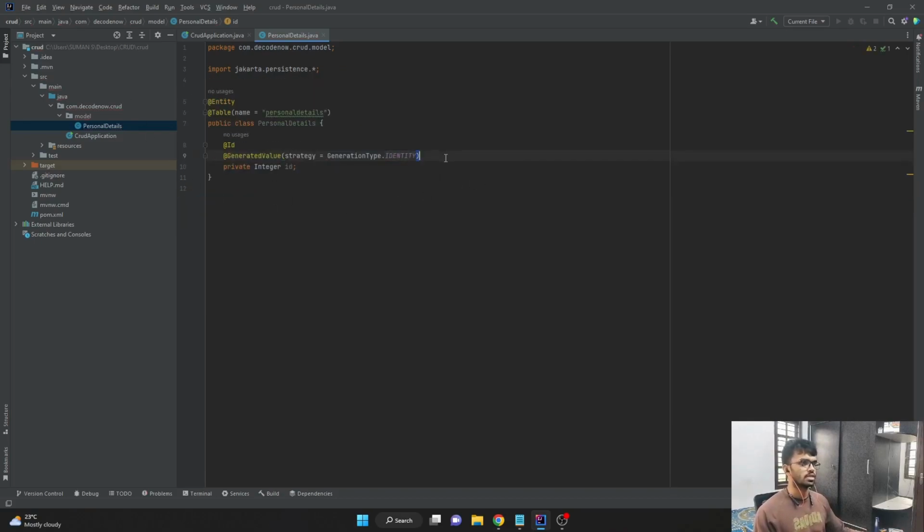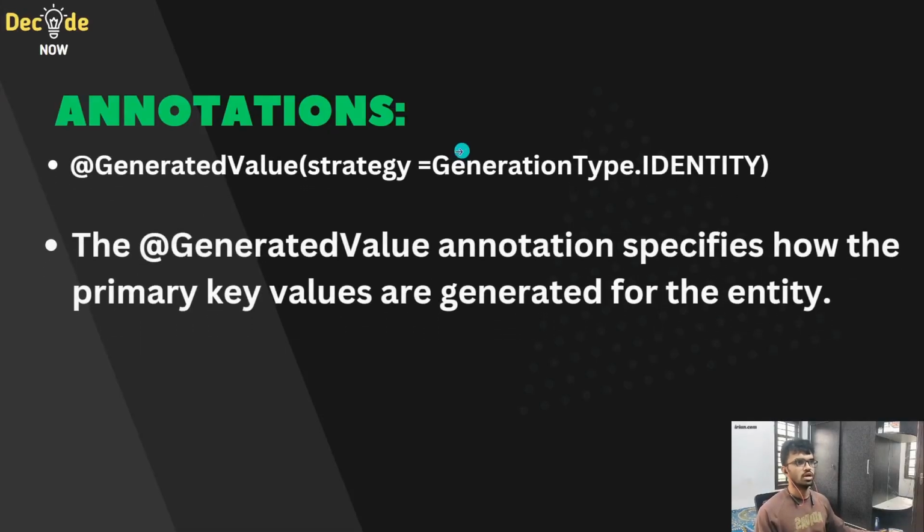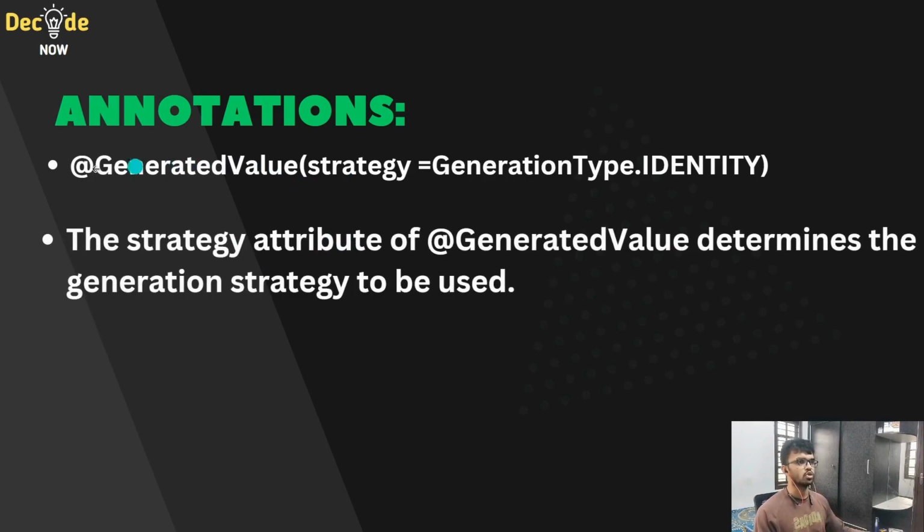So I'll explain this part of the annotation. @GeneratedValue is an annotation that specifies how the primary key value should be generated. As the name suggests, it generates a value for our primary key, that is the id, and how it should be generated is mentioned in the strategy. The strategy attribute of this annotation determines the generation strategy of the id or the primary key.